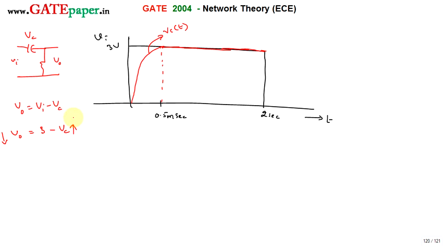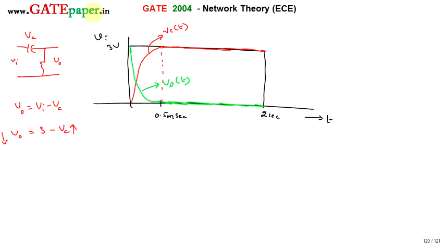Whenever Vc reaches 3 volts, V0 has to reach 0 volts because 3 minus 3 becomes 0. So the output equation is going to be like this. This is V0 of t.